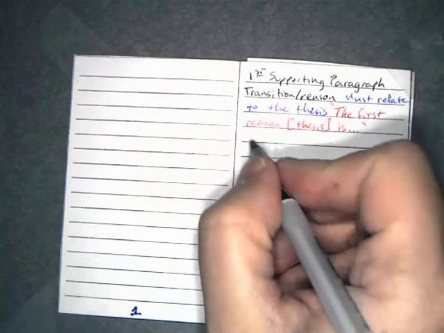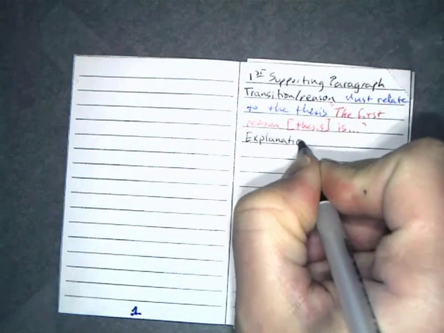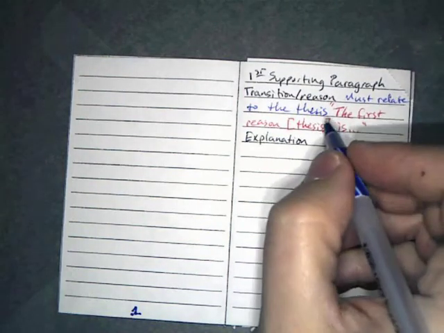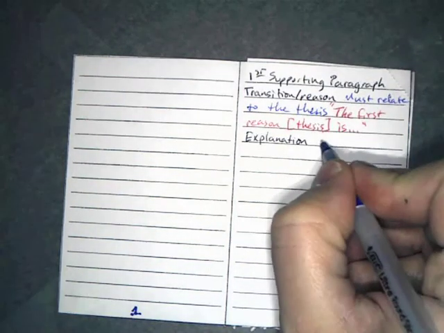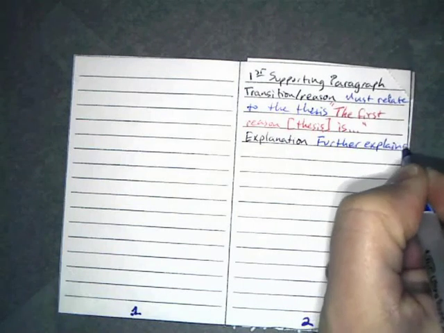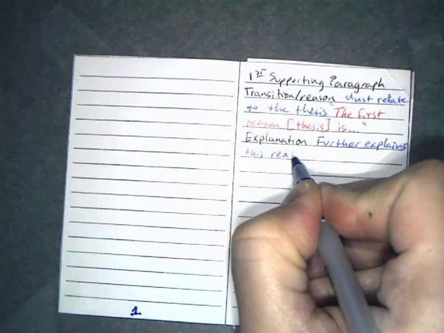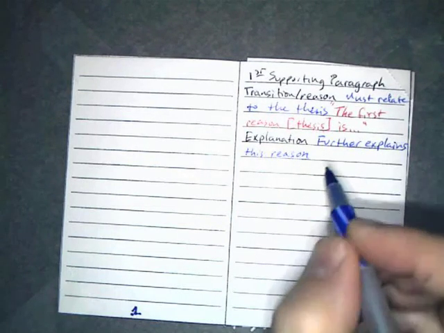Then we need to explain the reason that we choose. So you write explanation in black, and then you do the blue after the explanation and you write, further explains this reason.